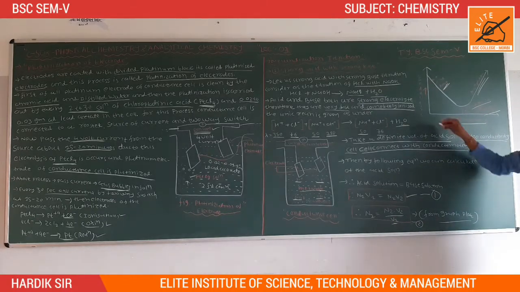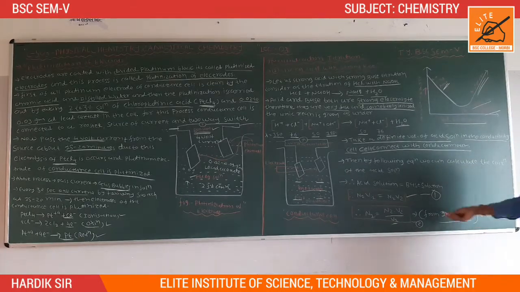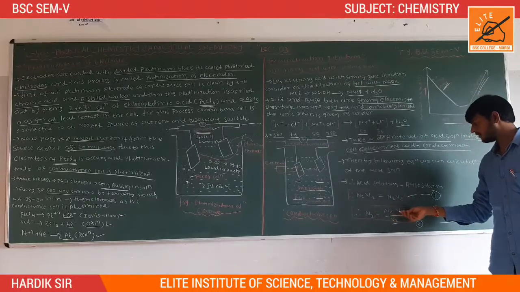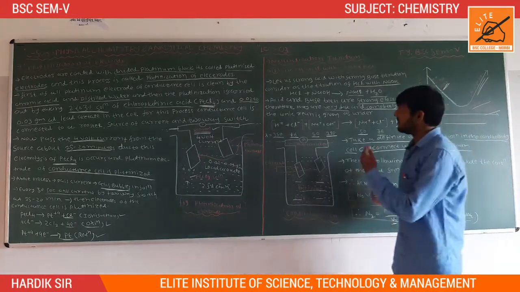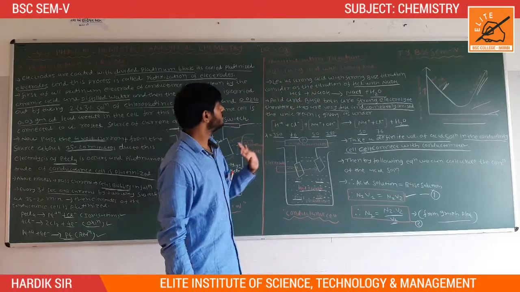We draw the graph of conductance versus volume of NaOH and calculate V2 from the graph at the end point. With N1V1 = N2V2, N1 = N2V2/V1 is calculated from the graph plot. So this is the explanation of the neutralization process of a strong acid with a strong base.